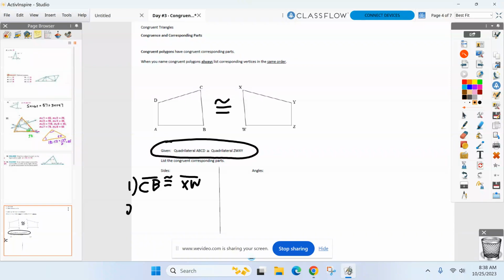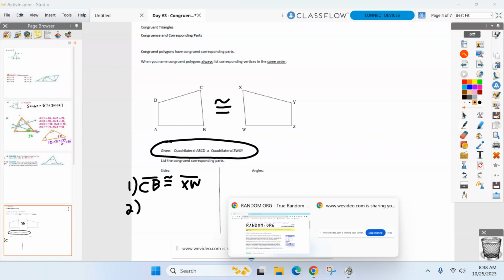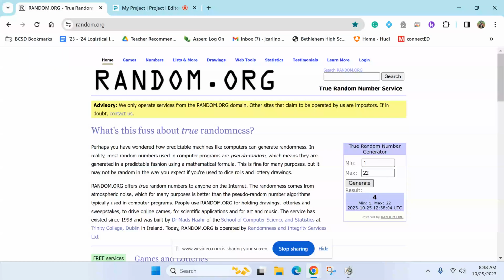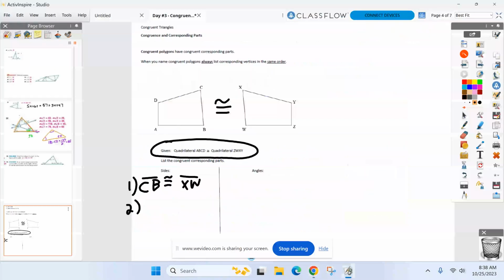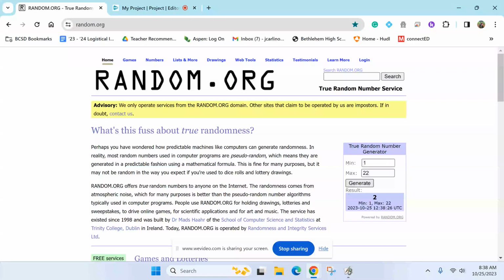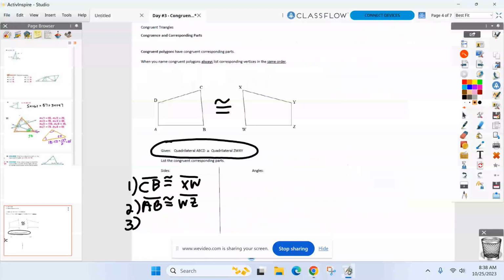Give me more sides that correspond to each other. Tess, another pair that correspond. Okay, I'm fine with those. AB matches up, aka corresponds with WZ. Because the figures are congruent, so are those corresponding sides. Keep going. Bailey, go ahead, another pair.